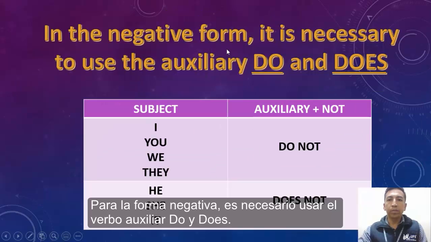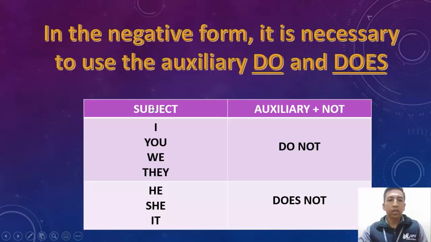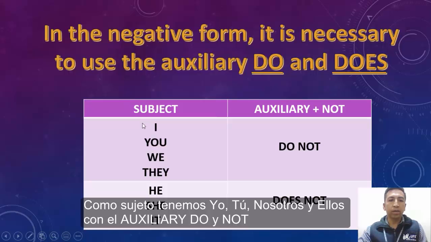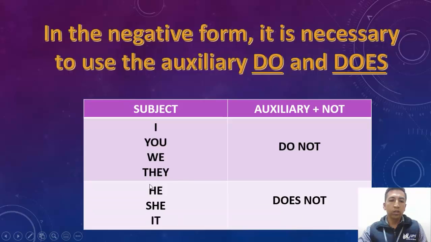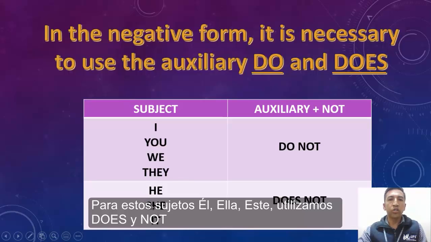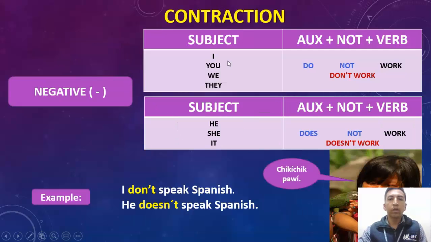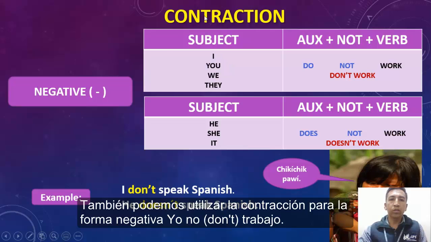For the negative form, it's necessary to use the auxiliary do and does. With the subjects I, you, we, and they, we use the auxiliary do and not. For the subjects he, she, and it, we use does and not. We can also make the contraction for negatives.